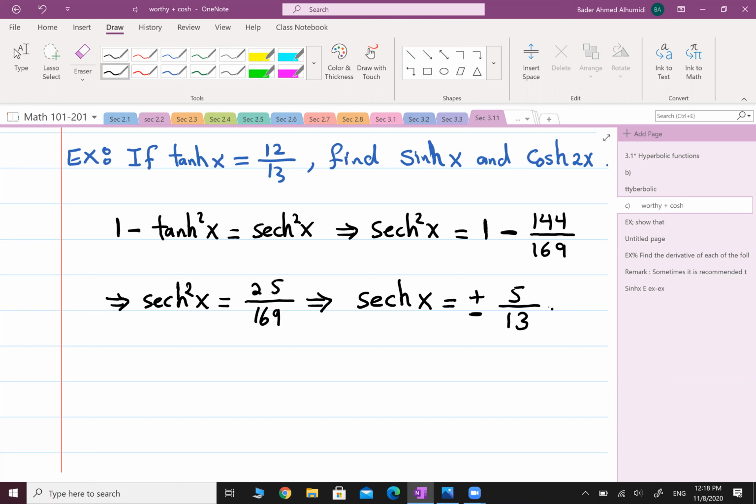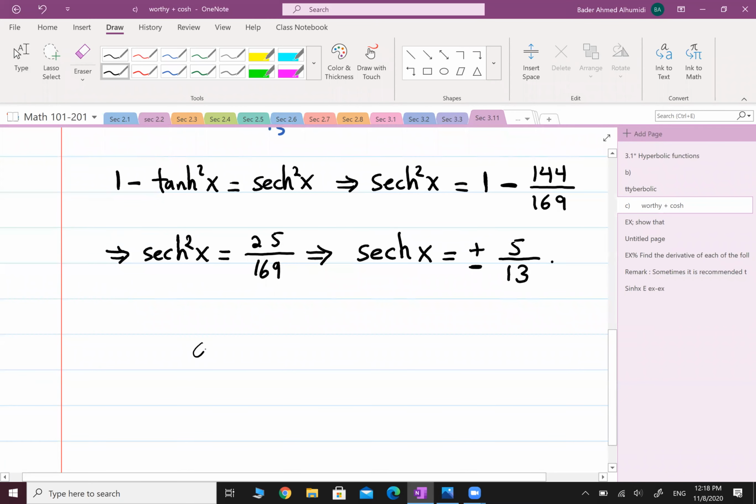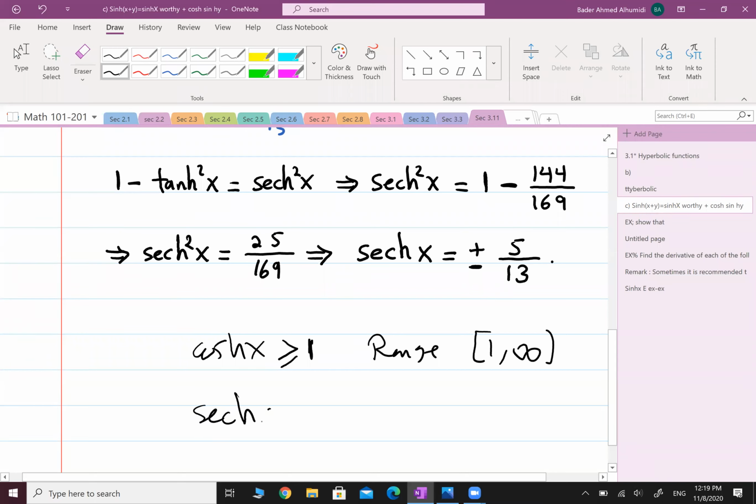So who can tell me what the range of the secant is? Let's open a new question. We know that hyperbolic cosine of x is always greater than or equal to 1, so the range of the cosine is from 1 to infinity. If they ask in the exam to find the range of hyperbolic secant, what is the range of hyperbolic secant of x? What is the reciprocal of the interval from 1 to infinity? Negative infinity to negative 1 and from 1 to infinity? No. It should be greater than 0 and less than or equal to 1. 1 over infinity goes to 0, and it will never equal 0. 1 over 1 is equal to 1.